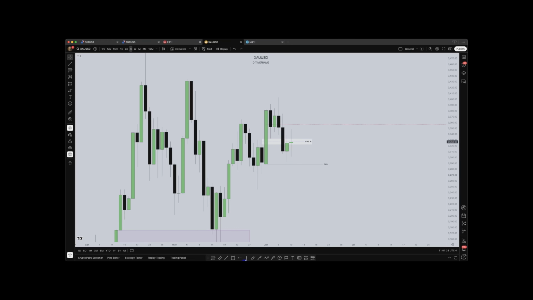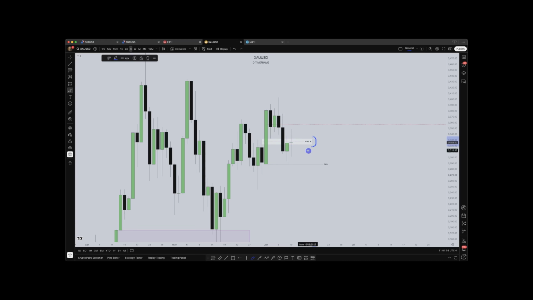And what does it mean? It means we'll use this area expecting price will react and go lower. Price goes through the previous fair value gap, which was here. Sorry, I have the magnet here. This area was a fair value gap, so price went through it with very strong displacement.